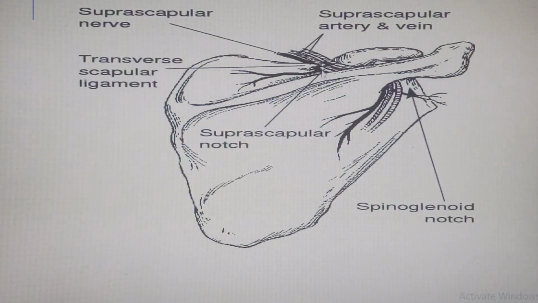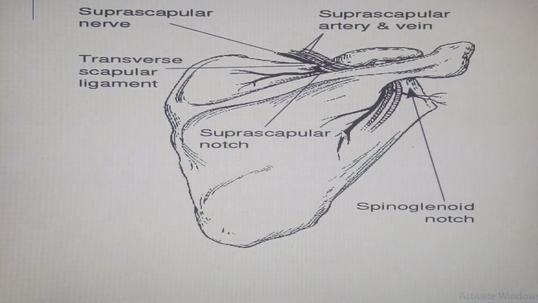So unlike the suprascapular notch, which contains only the suprascapular nerve, with the suprascapular vessels running above it, in the spinoglenoidal notch we are going to have both the vessels as well as the nerve as its contents, and of course supplying the suprascapular muscles.